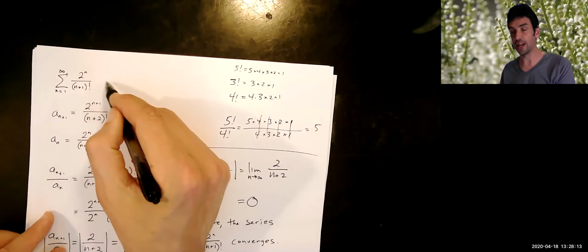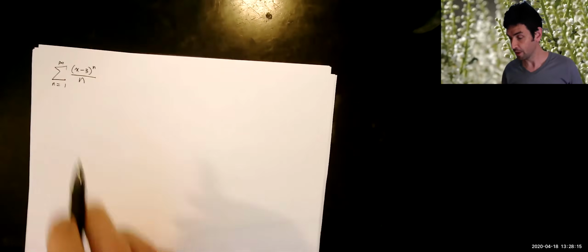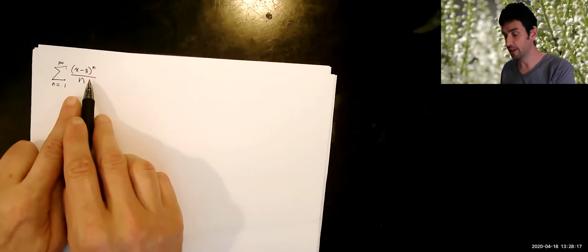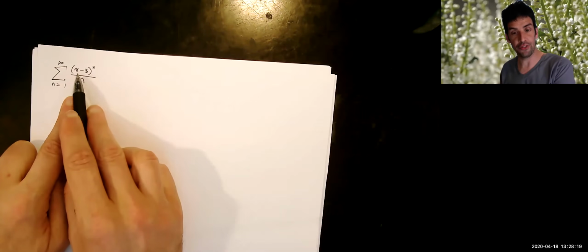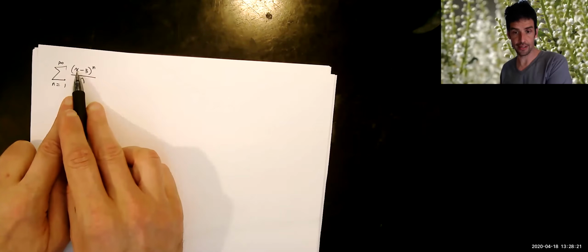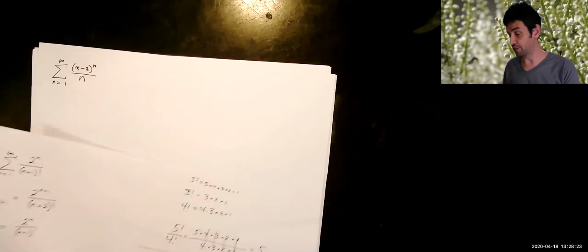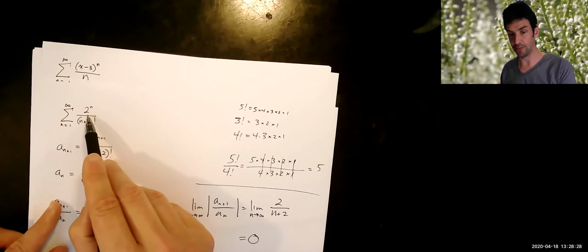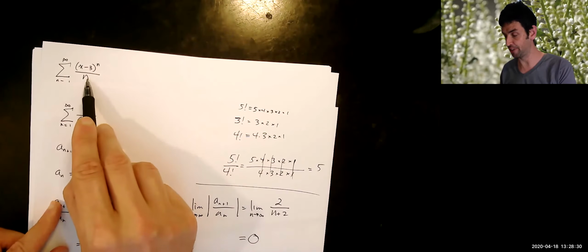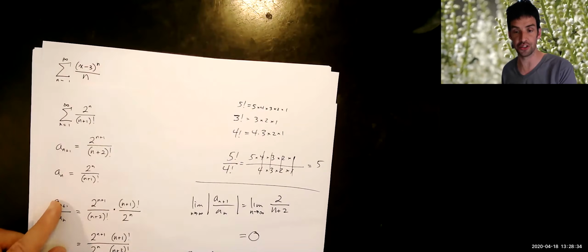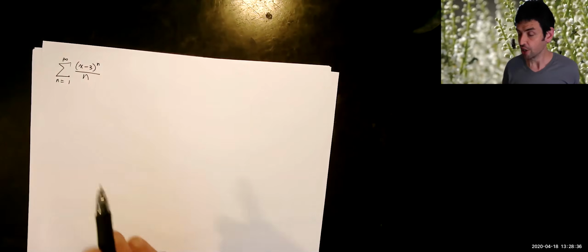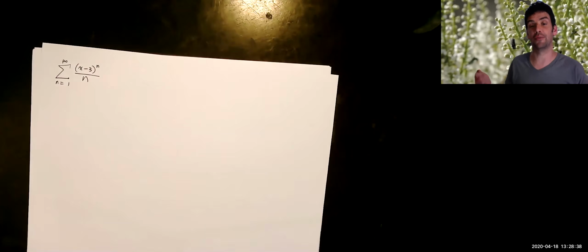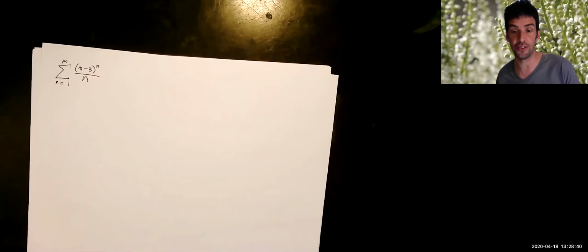We put in values for n, and it becomes this infinite sum. If we put in values for x, we'll get very similar kinds of things. For instance, when x equals 5, we get almost the same sum that we have here. This has slightly different indexing: instead of an n plus 1 factorial, it's just an n. But it's a very similar kind of looking thing. So we can put values in for x, and we get different series out of it.